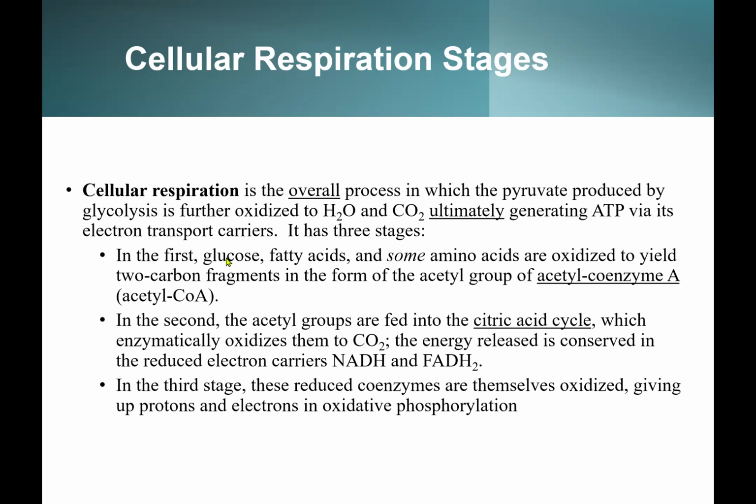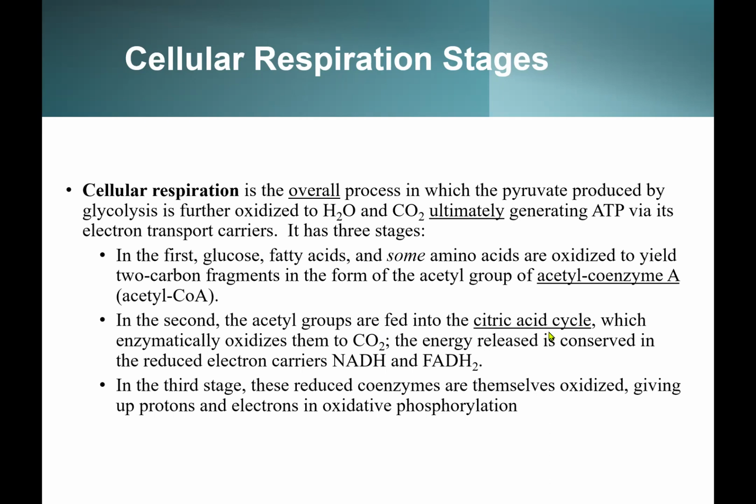So if we're talking about glucose, fatty acids, and certain amino acids, we get acetyl CoA. So this is a 2-carbon fragment, the acetyl group, attached to a very large coenzyme, coenzyme A. And this is an activated compound that is ready to go into, you guessed it, the citric acid cycle.